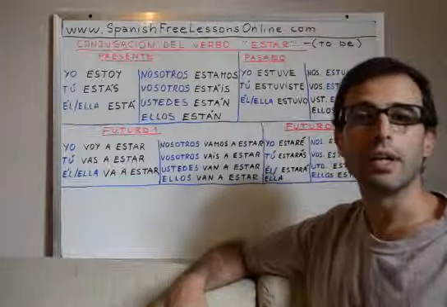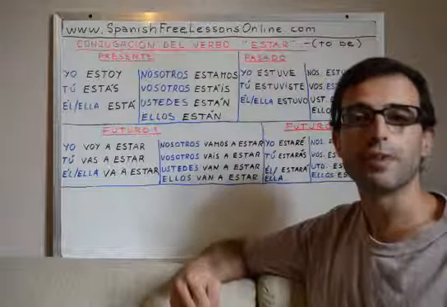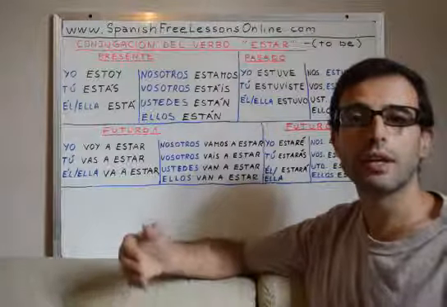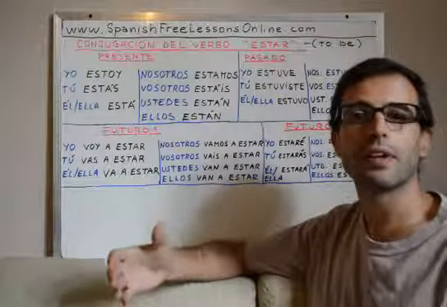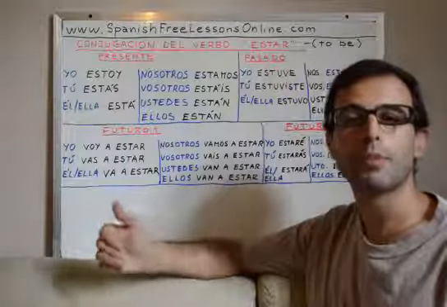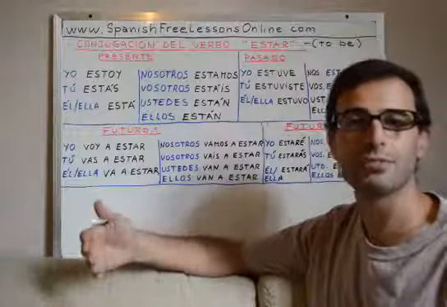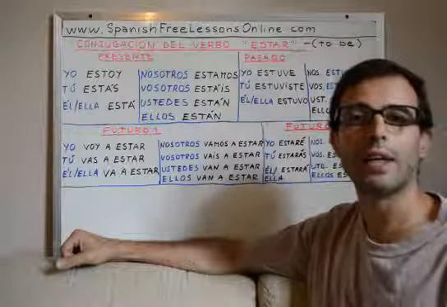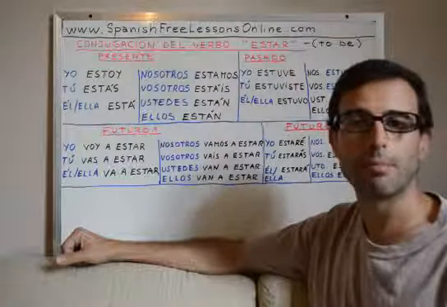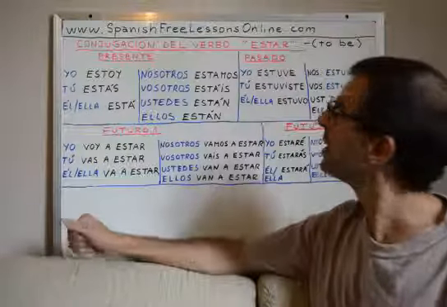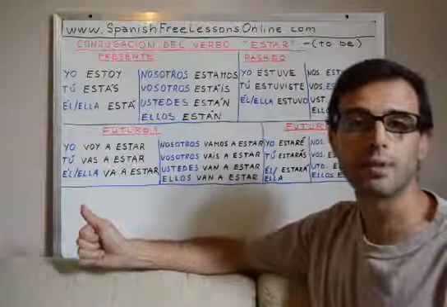However, if we want to say a state, something that is not a permanent state or situation, something that can change, right? For example, I am happy, right? I am happy.